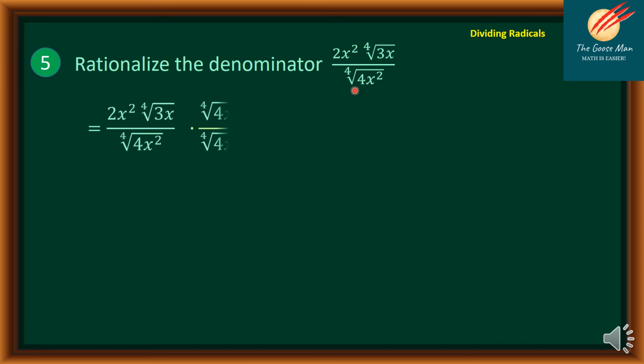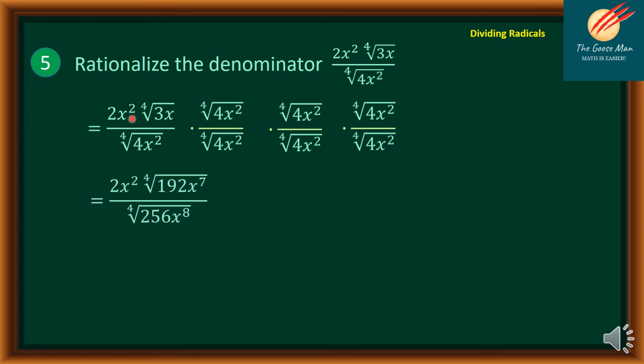We will multiply this 3 times because we want to complete the factors of our denominator. Applying the multiplication rule for radicals, I can simply copy 2x squared, then times the fourth root of 3x times 4x squared times 4x squared times 4x squared.